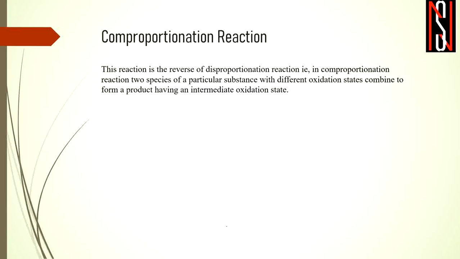Now in the case of a comproportionation reaction, two species of a particular substance with different oxidation states will combine to form a product having an intermediate oxidation state. Okay, so it is just the complete reverse or complete opposite case of a disproportionation reaction.